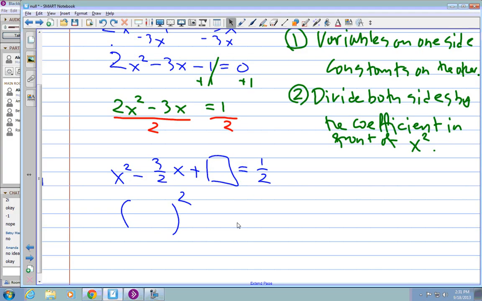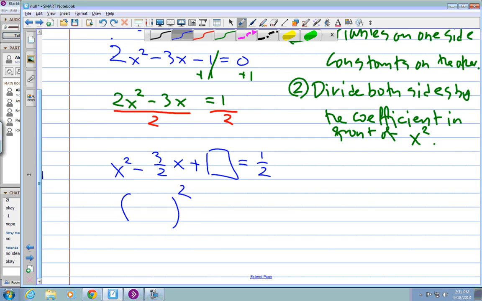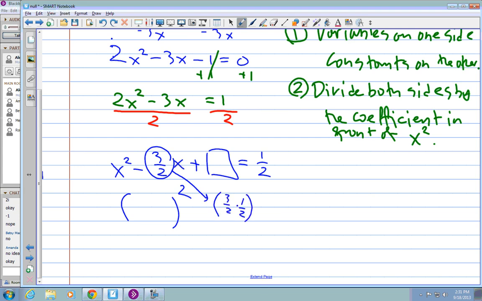So, completing the square. I'm going to go through this fast because you have to go back and relearn that. What we do is take the term in the middle and halve it, so it's 3/2 times 1/2. Then we square it, so we're taking 3/4 and squaring that. That's what we add to both sides of this equation.